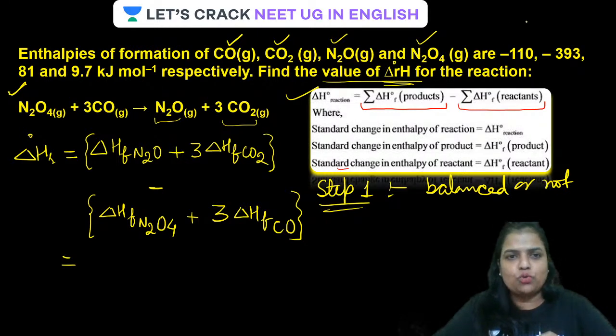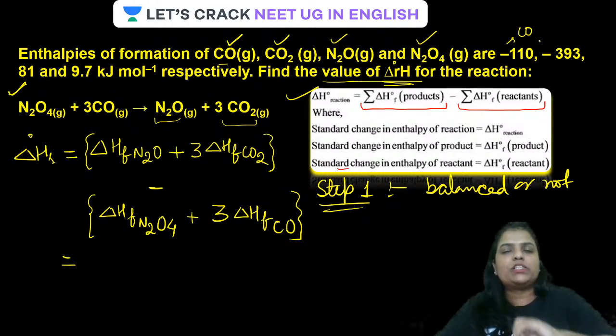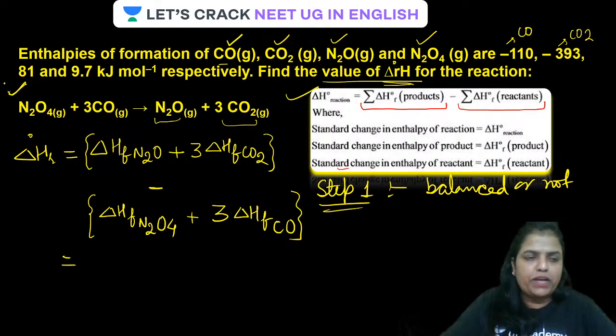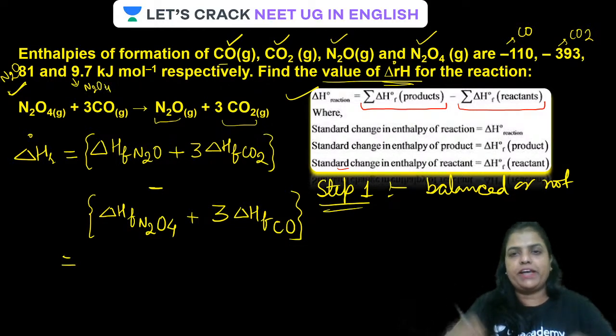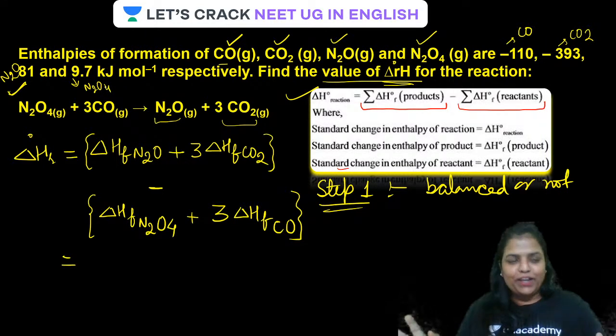So, guys, in order to avoid that, as CO is first, this has to be for CO. Just right on top of that value, write which one it is for. This one is for CO2, this one is for N2O, and this one is for N2O4.